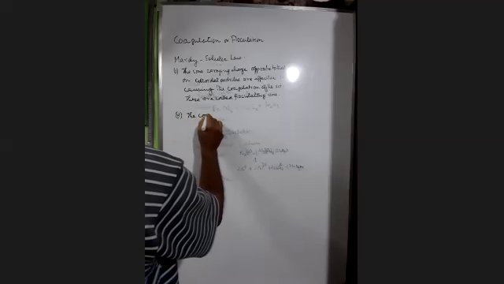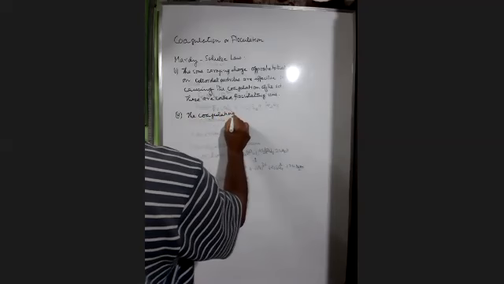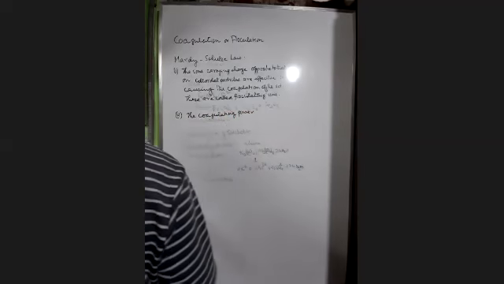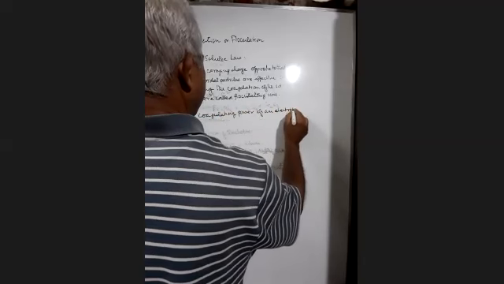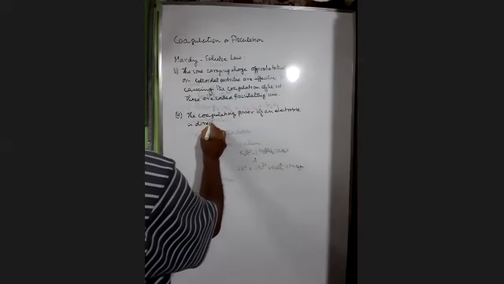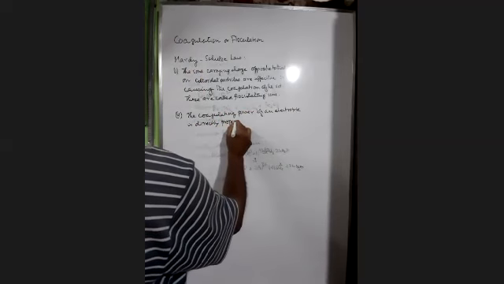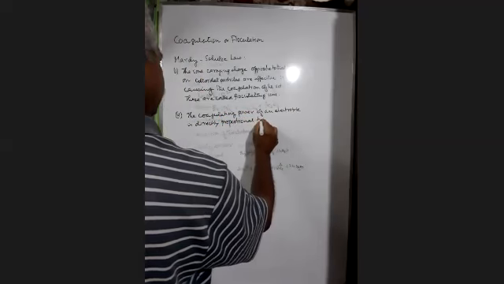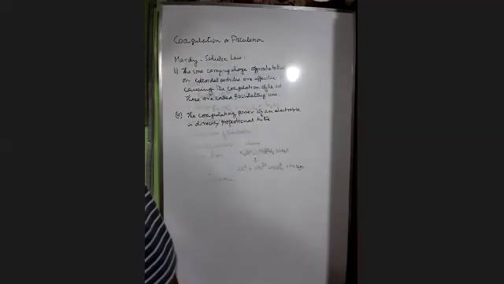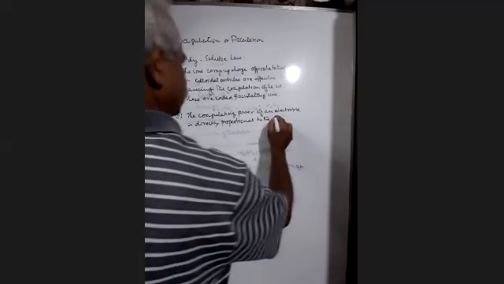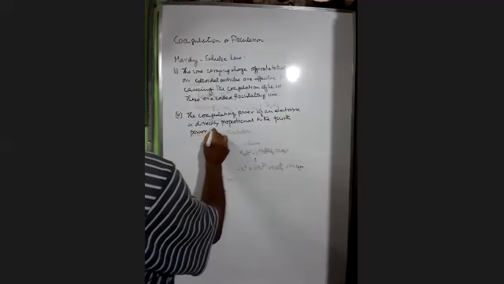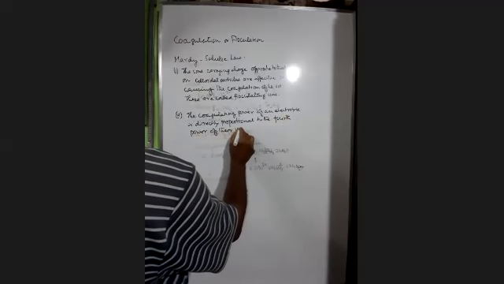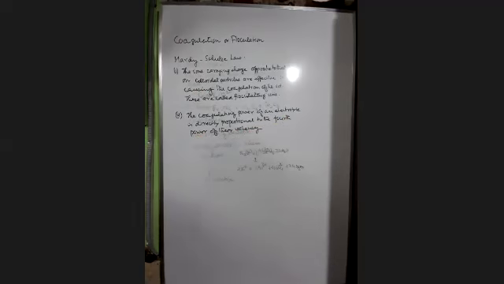The coagulating power of an electrolyte is directly proportional to the fourth power of their valency, meaning charge.